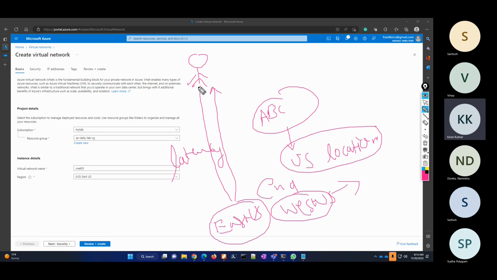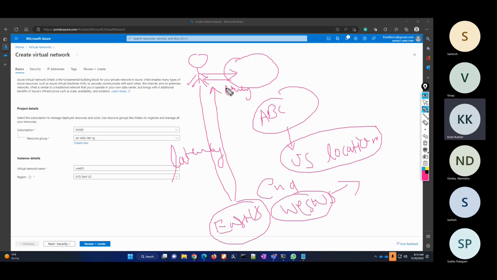Due to latency, customers face performance issues; loading a web page may take a long time, and different issues appear. If the same end user has the resources deployed nearby, they get the resources immediately. So latency is reduced.